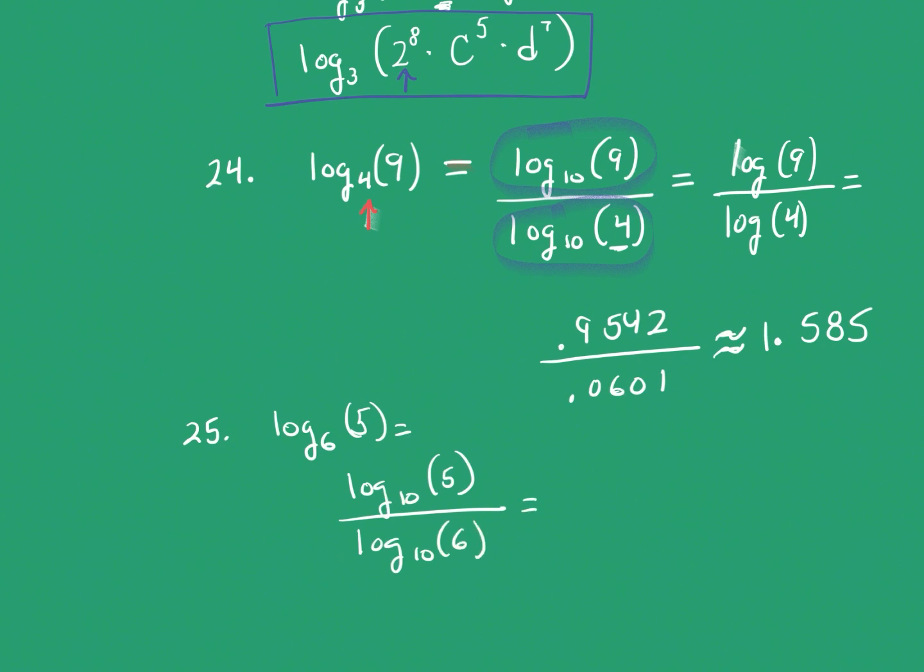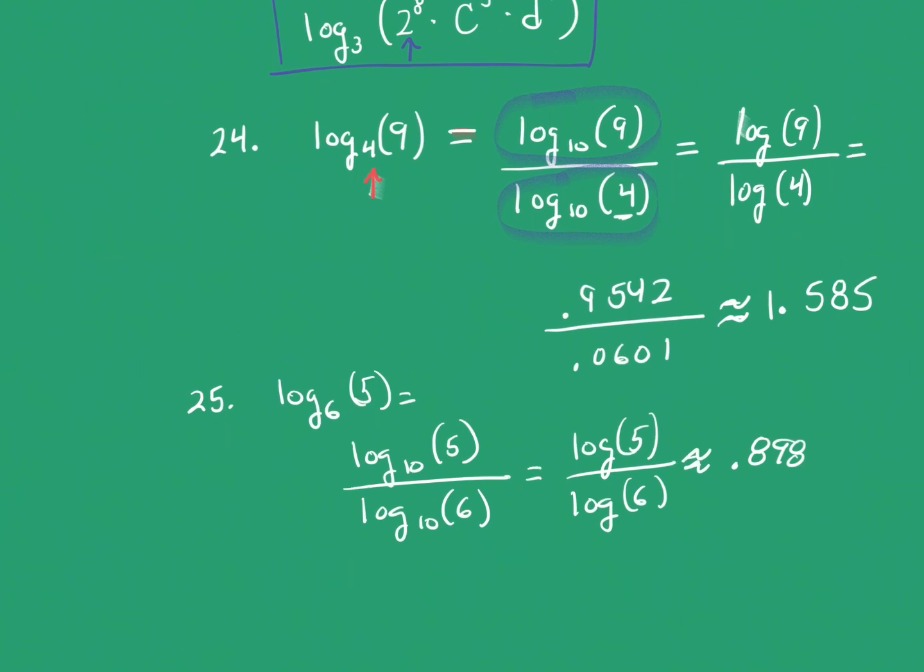Again, we won't write the 10, I'm just doing that to be really explicit about what's going on here. And that should give us something about 0.898, is what I'm getting on my calculator.